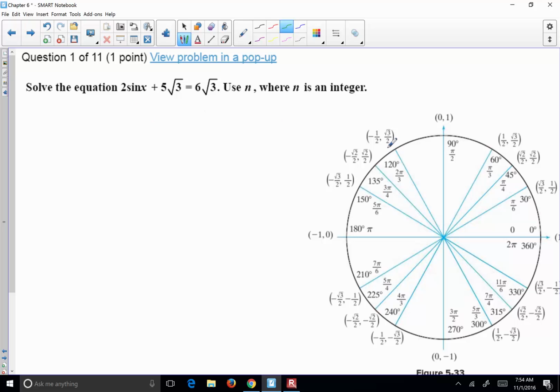Again, you can even get tangent here, not only sine and cosine. Alright, it says solve the equation. The first thing you need to do in solving equations is prep this equation, get the trig function isolated.